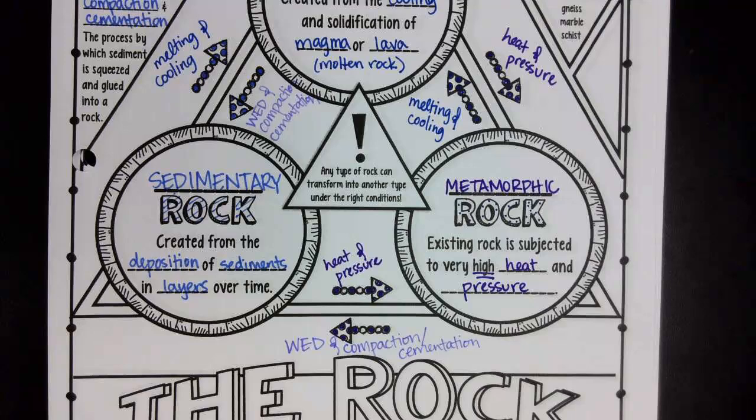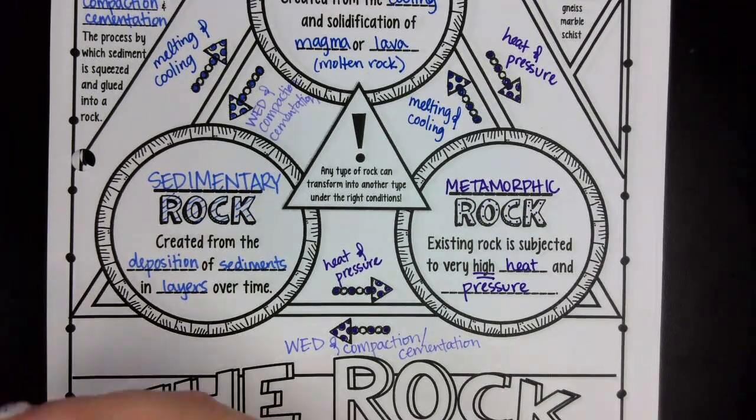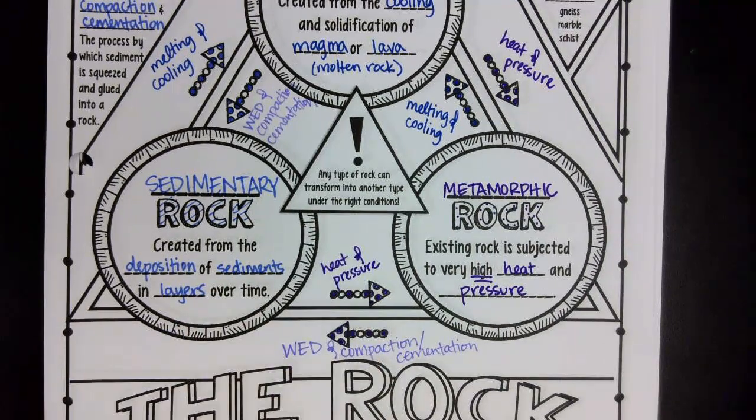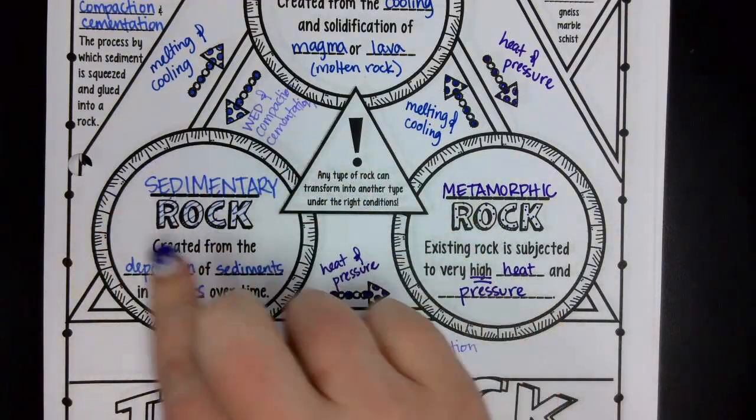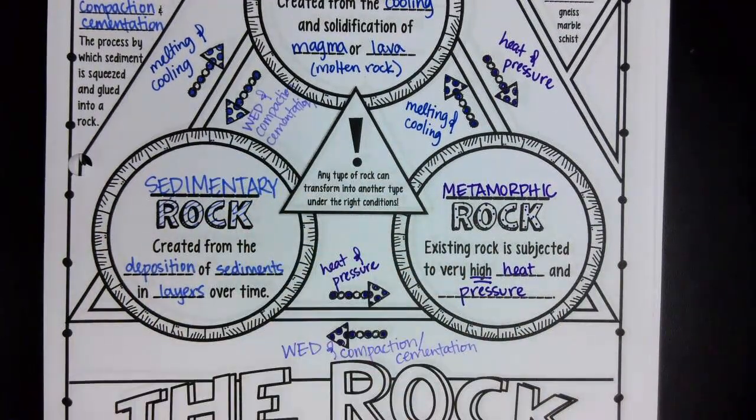Sedimentary rocks. Sandstone, we already talked about sandstone. Let's talk limestone. Limestone is a sedimentary rock. Limestone can be weathered, eroded, and deposited just like any other rock. So it could be turned back into sediments, which then could be deposited and create a sedimentary rock. So sedimentary rocks can be formed by sediments of sedimentary rocks.